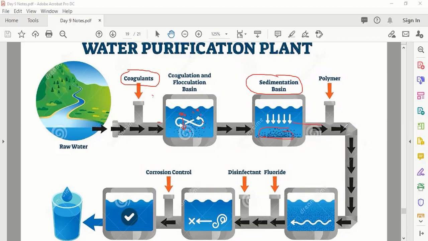Then this water will come here, and then here you have some kind of filters. Sometimes here they're using fluoride. Fluoride is used for the teeth in drinking water especially. And after that they are doing the disinfectant, meaning chlorination, adding chlorine here.